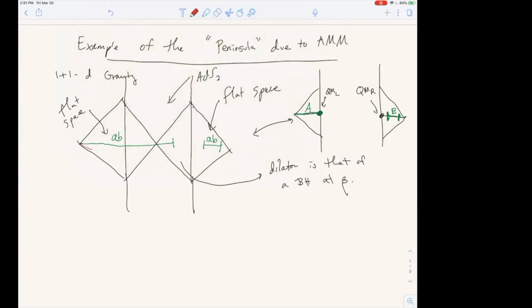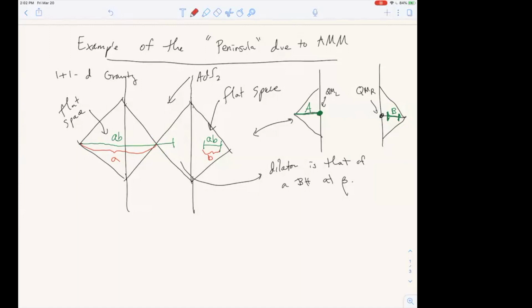I'm going to call this A and this B, and the union of the two green intervals is AB. On its own, big capital A just includes little a. And on its own, big capital B just includes little b in the low energy approximation. But if you take the union of the two, if you take both A and B together, your entanglement wedge grows a little bit. It grows to include this peninsula here.